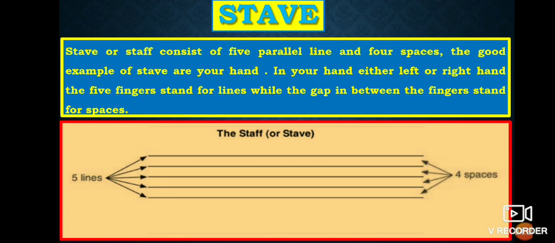Raise your left hand and open it in this form, and you can see the picture, the diagram of the lines on your screen. The staff or the stave has 5 parallel lines and 4 equal spaces.